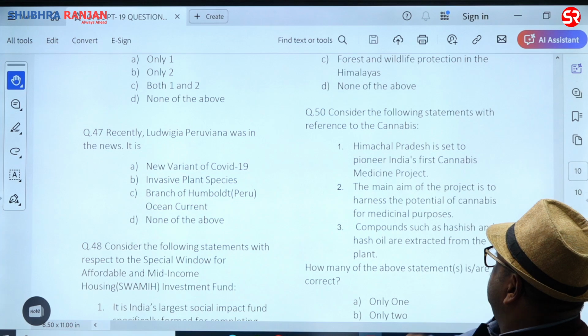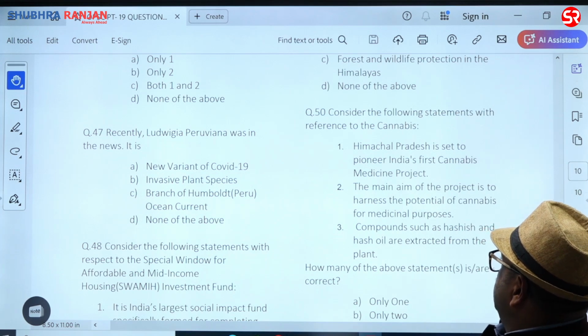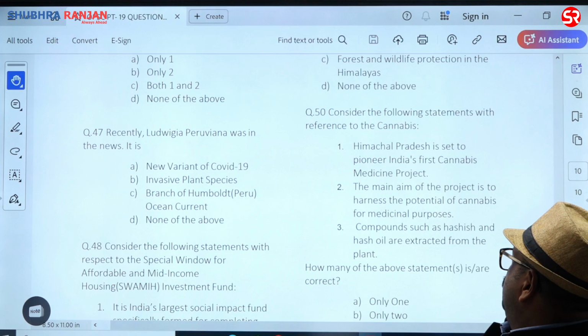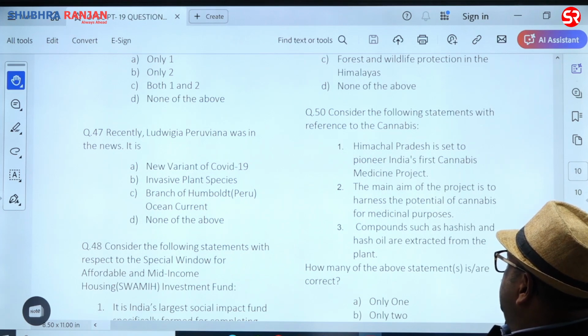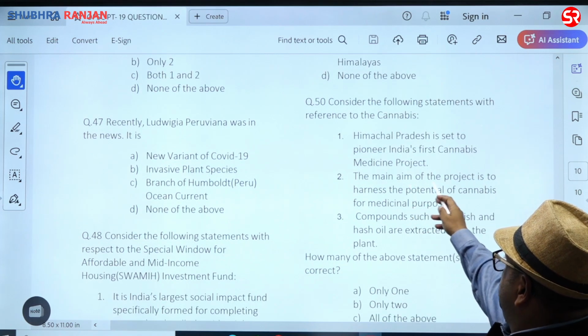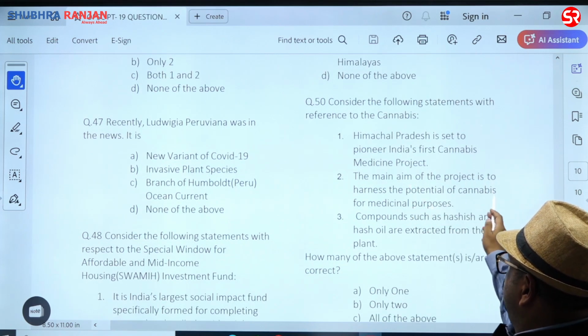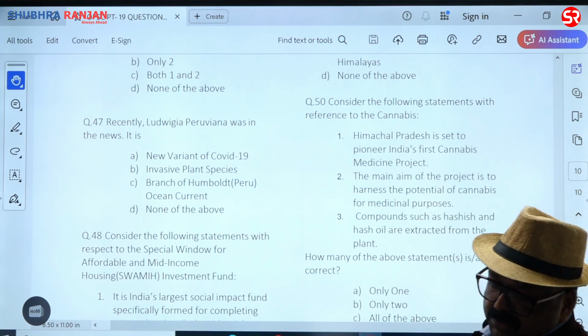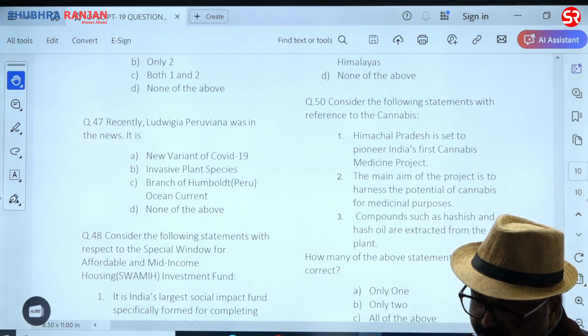Okay. So Himachal Pradesh is set to pioneer India's first cannabis medicine project. The main aim of the project is to harness the potential of cannabis for medicinal purpose. Compounds such as hashish and hash oil are extracted from the plant. हाँ, ये सही है. So this is right, and the main aim of the project is to harness the potential of cannabis for medicinal purpose. 2 is also right.